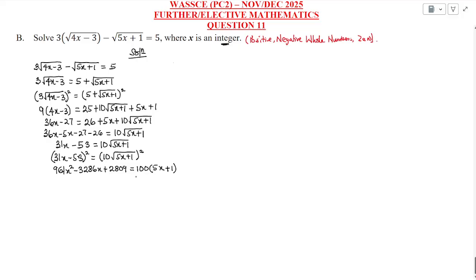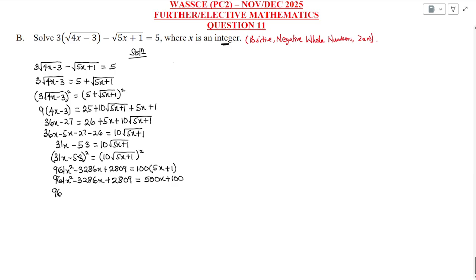So I need to expand this as well, which gives me 961x squared minus 3286x plus 2809. This gives me 500x plus 100. Looking at what we have here, we are surely going to solve a quadratic equation, meaning we group everything, equating everything to 0.